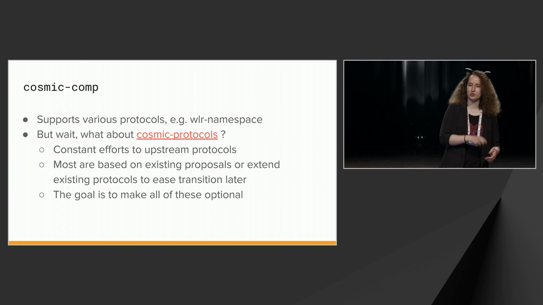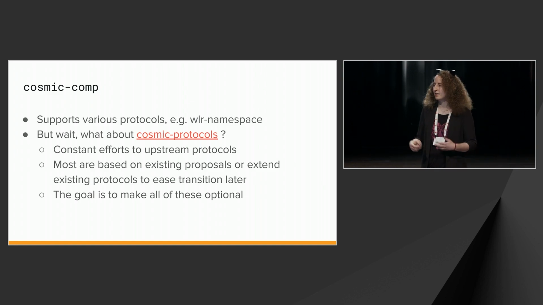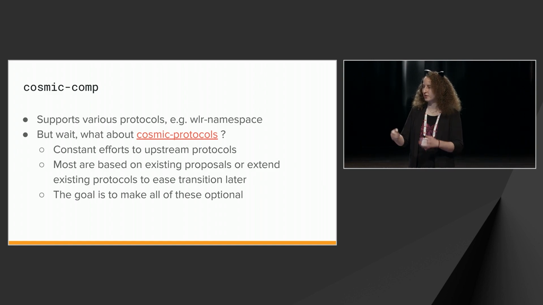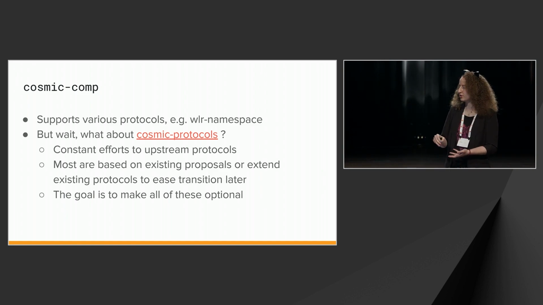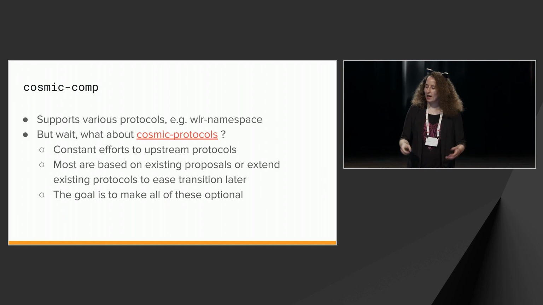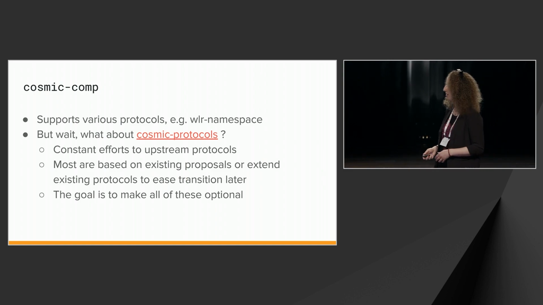Sometimes we do have constraints where no other desktop shares our vision, so we have little tiny extension protocols. And the goal is to make at least all of those that still remain in the end, after Cosmic protocols shrunk as much as possible by upstreaming, optional, so that any component that might use these for additional functionality on Cosmic does not hard depend on any of these being available.